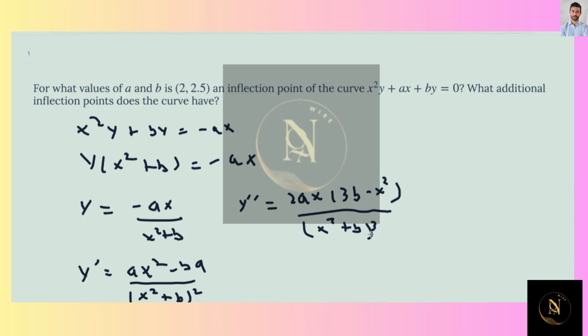Now we have these two values, so we're going to plug them into our original function, so we can use that later on to find the values of a and b, and you'll see it'll become more clear.